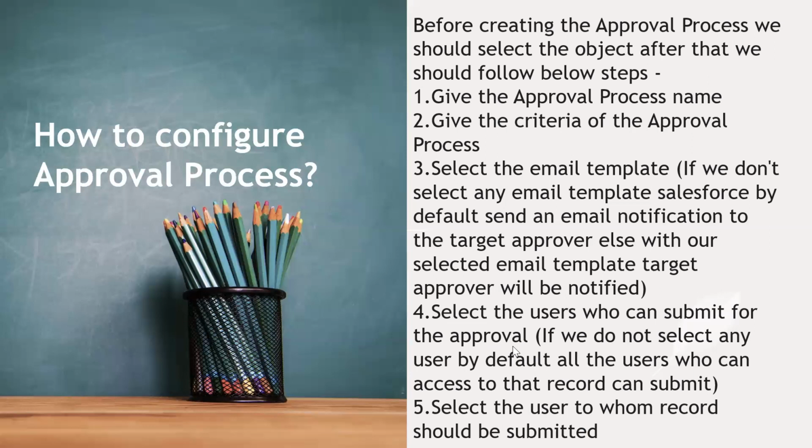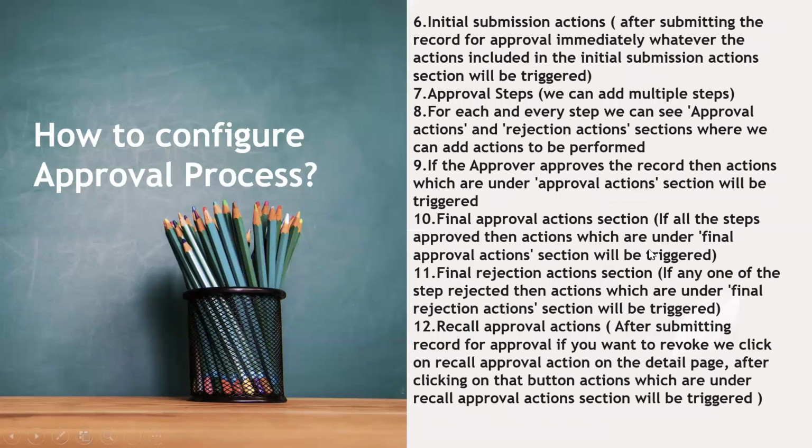Coming to the sixth step, initial submission actions. Seventh step, approval steps: we need to add multiple steps either based on the criteria or based on the client's requirements. Eighth step, for each step we need to set the approval process actions: rejected, approved, or recall.